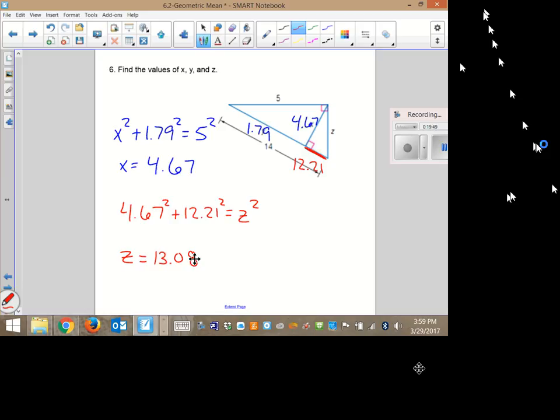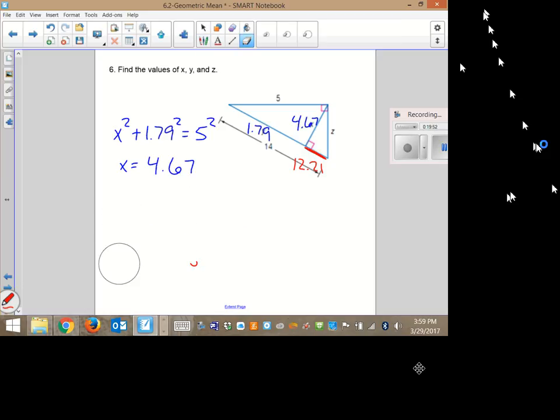Oh, hang on. Pause that. That works, but we also note that we have our large triangle. So we can take 5 squared plus z squared equals 14 squared.